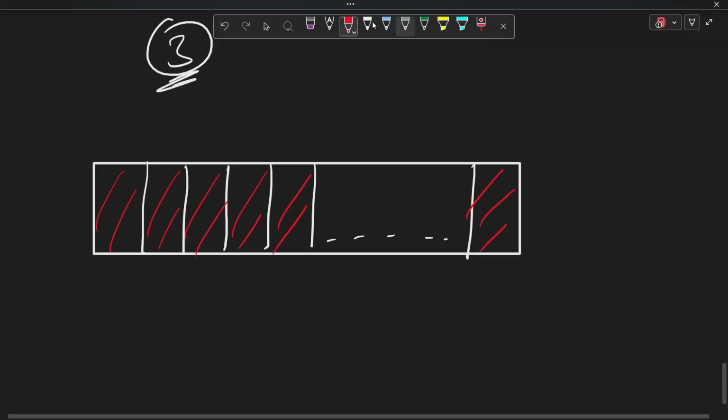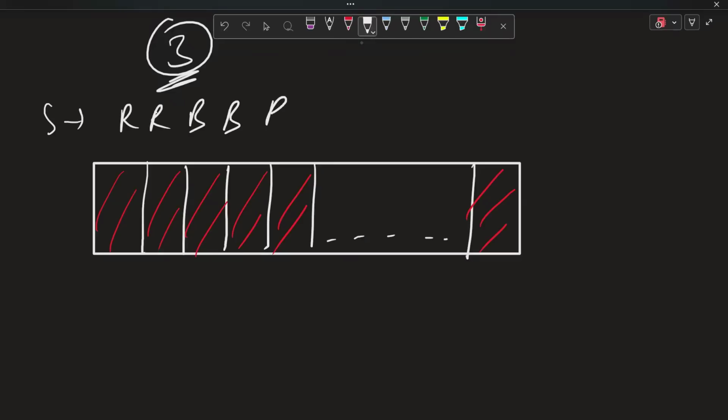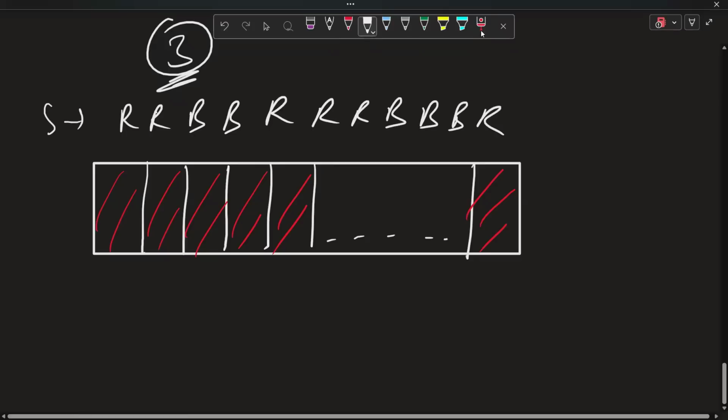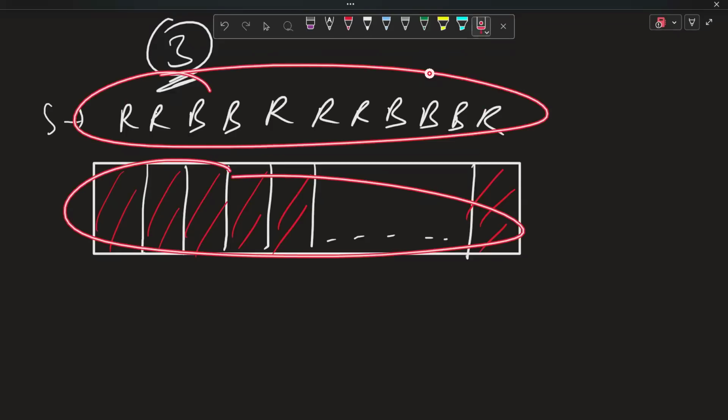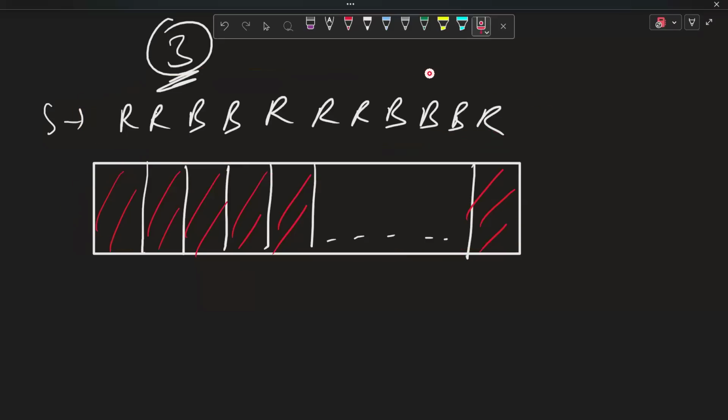What you want to make it, let's say you have the string s, is something like red, red, blue, blue, red, red, red, blue, blue, blue, red. Okay, something like that. So first of all, if you are just asked the minimum number of operations you would need to convert this string to this, what would that be?